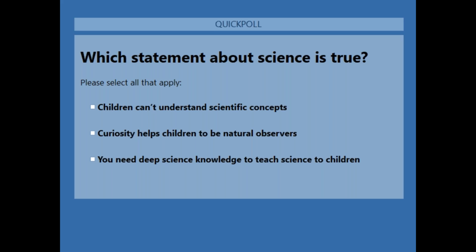Okay, so we're now at 30% voted. Okay, we're at 55% voted, so please keep voting. And once again, if you're not able to vote using the poll, please put your responses into the questions box.